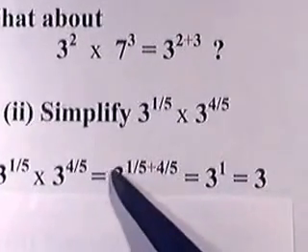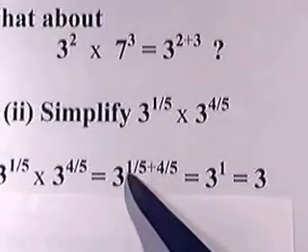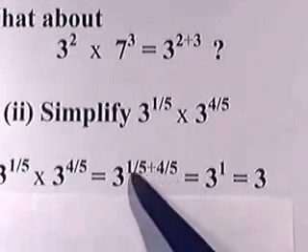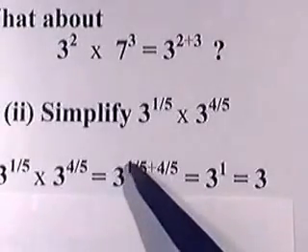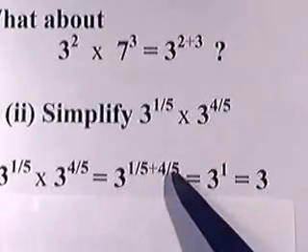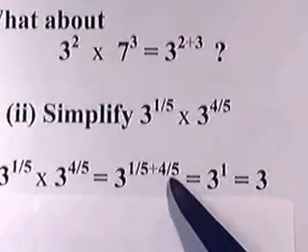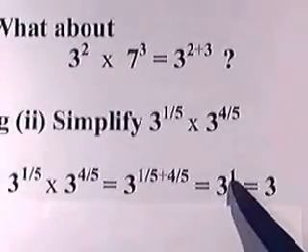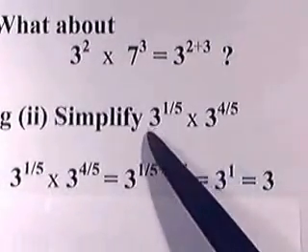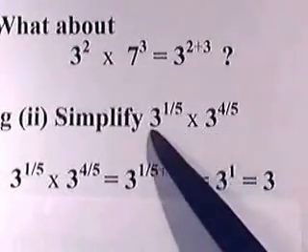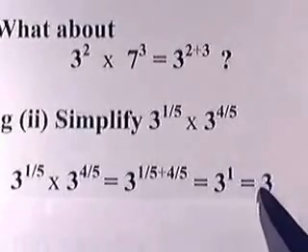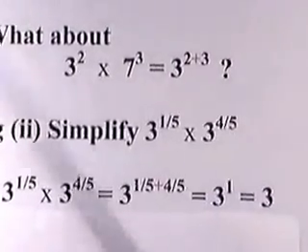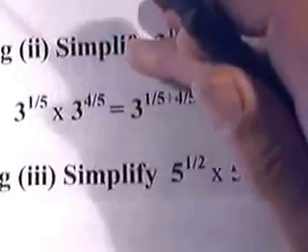Here I've written 3 to the power of the sum of the fractions. Well, 1/5 add 4/5 is 5/5, and 5/5 is another way of saying 1. So that's 3 to the power 1, which is the same as 3. So all of this simplifies to just 3.